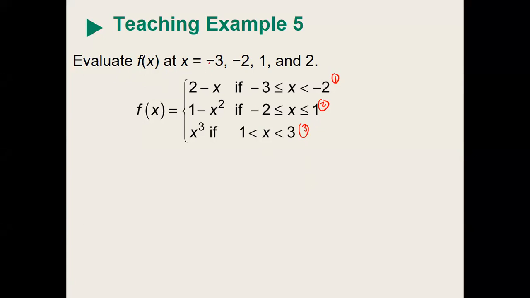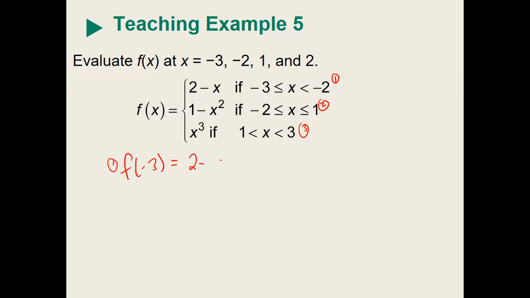First we're evaluating f of -3. I have to decide what interval f of -3 falls on. From -3 to -2, this is where it falls, interval 1. Because it falls on interval 1, I'm going to use the equation at interval 1, which is 2 minus x.